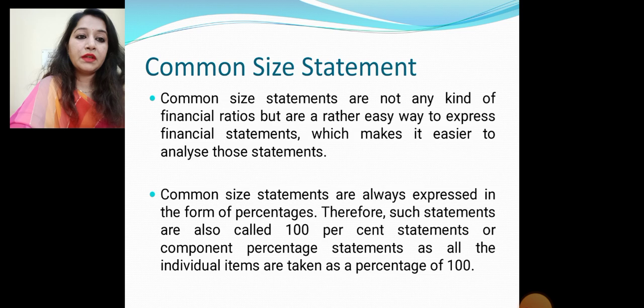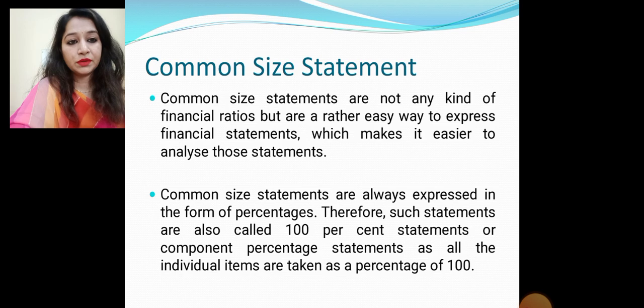Common size statements are not any kind of financial ratio, but are an easy way to express financial statements, which makes it easier to analyze those statements. Common size statements are also expressed in the form of percentage. Therefore, such statements are known as 100% statement, component statement, or percentage statement, as all the individual items are taken as a percentage of 100.